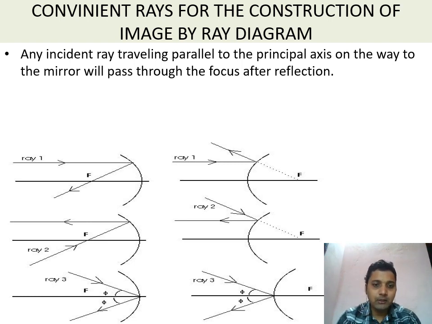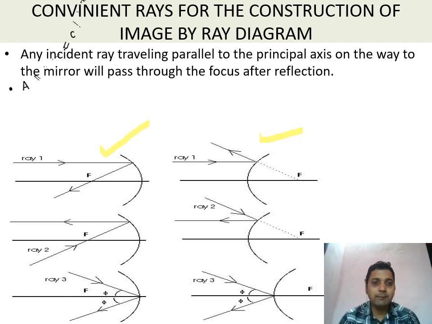If we look at this part, a ray of light is coming parallel to the principal axis. When it hits the mirror, it passes through the focus, or appears to pass through the focus. It appears to in the case of convex, and actually passes in the case of concave.